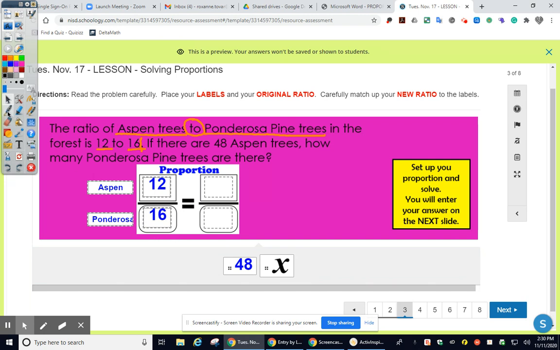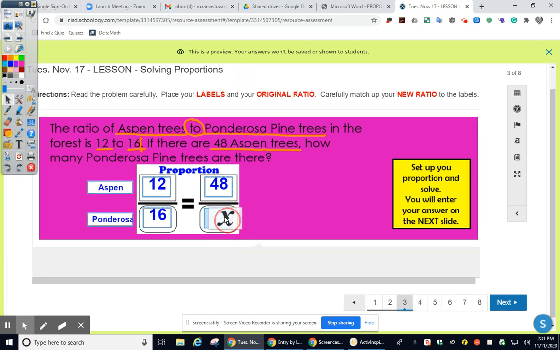Okay. Now that I have the labels set up and the original ratio, I'm going to continue. If there are 48 aspen trees, how many ponderosa pine trees are there? So we're going to put the 48 next to the aspen. See how the labels are telling me where to put my numbers. So 48 goes next to aspen, and the X goes underneath.